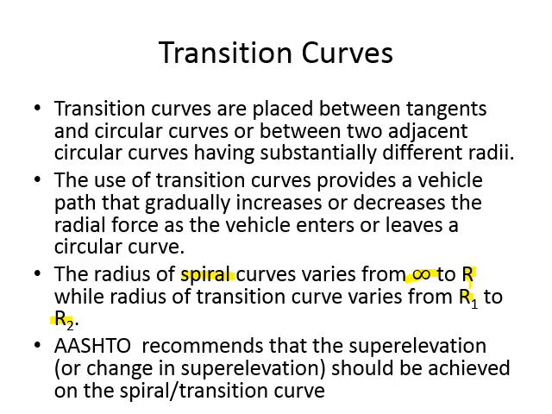So ideally that change of super elevation should happen on a transition or a spiral curve, so that when the driver enters the circular curve, the cross section of the road has already attained the required super elevation. So this is another use of providing a transition or a spiral curve, so that the change in cross section slope to the required super elevation can be attained.